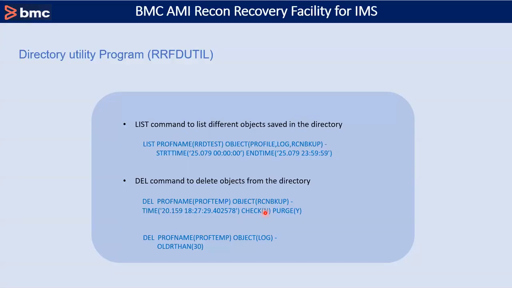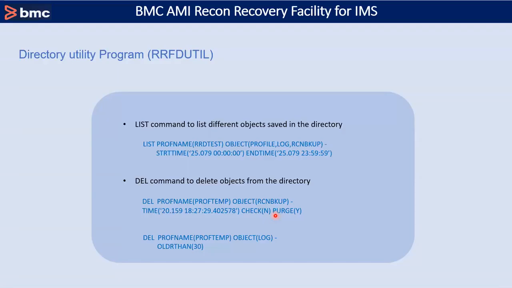Then there is the option purge yes and purge no. When you say purge yes, along with deleting the entry from the directory, it will also delete the object. If it's a recon backup, it will delete the recon backup physical data set, the backup data set that matches this timestamp. If it's purge no, then it won't delete it. So it will only delete the entry from the directory.